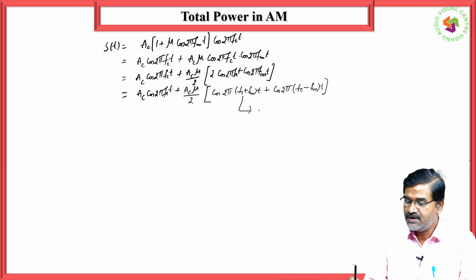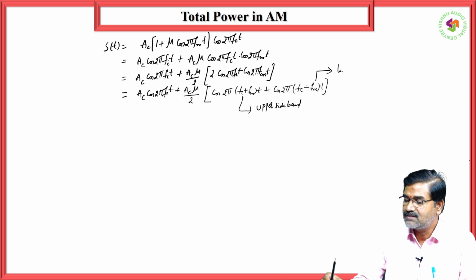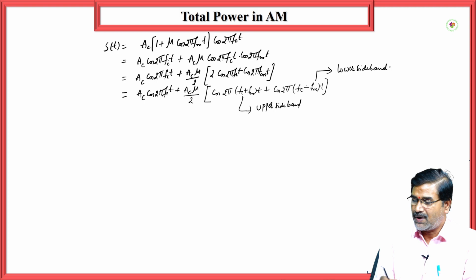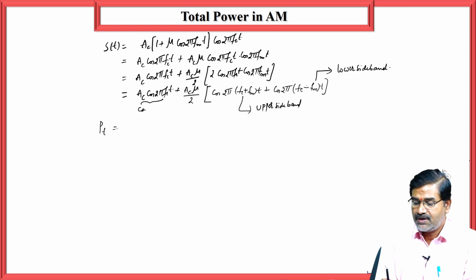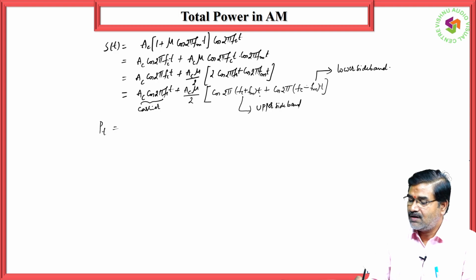Now this will be called the upper sideband, and this will be called the lower sideband. Now if you look at the total power in this particular equation, this is the carrier component, this is the upper sideband, this is the lower sideband.